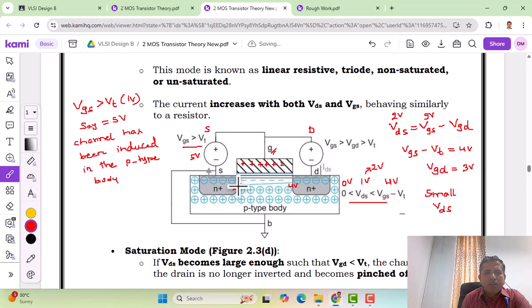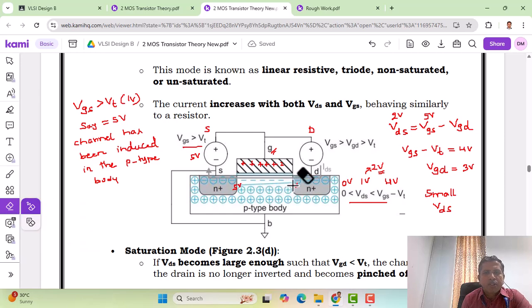That means on the source side 5 volts exist, and on the drain side, 3 volts still lies within this range. So with the increase in VDS from 1 to 2, VGD has decreased from 4 to 3 volts. Let us now replace it here with 3 volts.